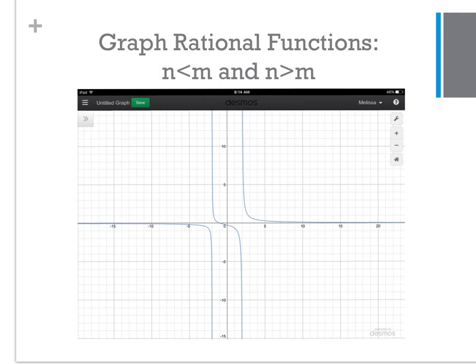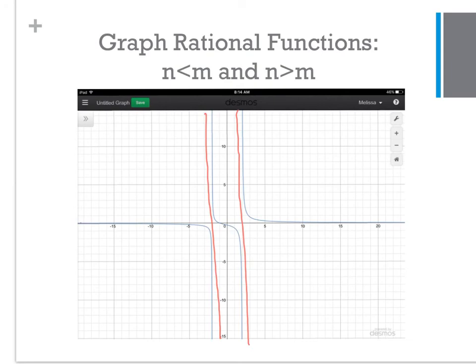Alright, so I've graphed the function on Desmos. As you can see, we have two vertical asymptotes. One occurs at 2, one occurs at negative 2, and the graph here approaches, as x approaches infinity, the y-coordinate is approaching 0, and as x approaches negative infinity here, the y-coordinate approaches 0.